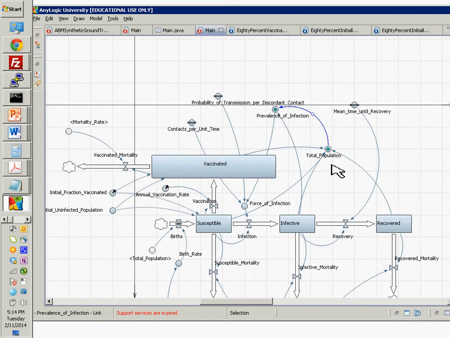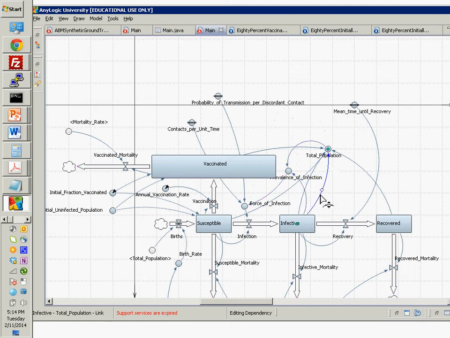Mm-hmm. Or conversely, each susceptible is going to be surrounded by more and more people that cannot infect them. So it really matters that this prevalence of infection is affected by total population. There's a lot of ways we could prettify this. I'm going to move that down there so the connections seem a little bit clearer.